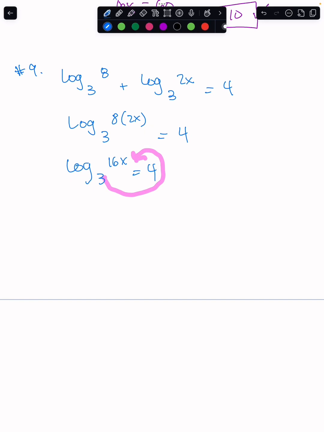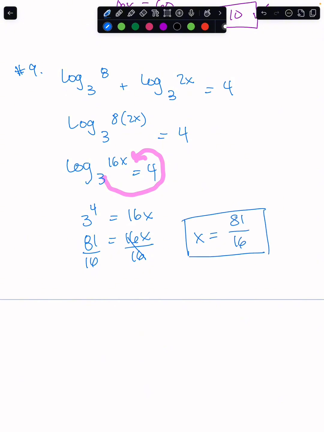And so when we swoosh that, we end up with 3 to the 4th power equals 16x. 3 to the 4th power happens to be 81. Divide both sides by 16. And x is going to be equal to 81 over 16. You can try to reduce that, but you can't. Okay, that's number 9.